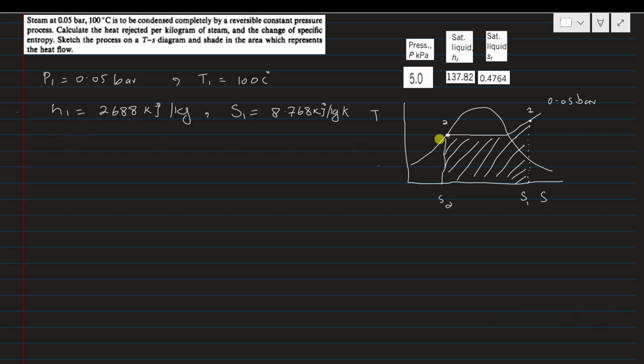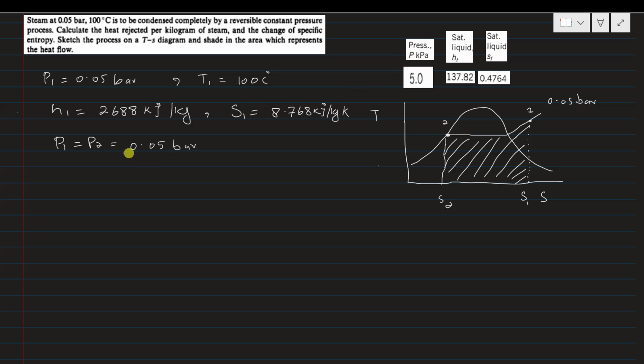Now the second state is at the saturated liquid line at a pressure P2 equal to 0.05 bar. I have extracted the portion of the steam table where saturated liquid values are shown at the corresponding pressures in kilopascal.